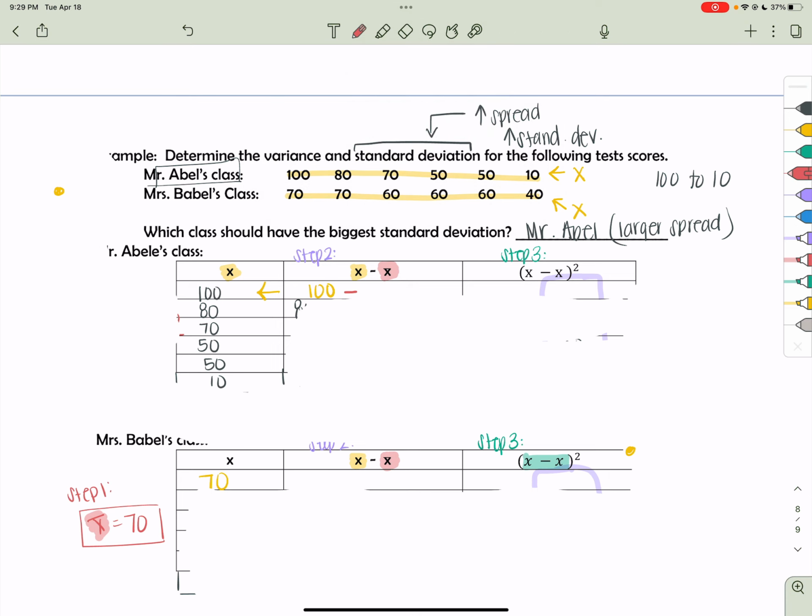And X bar, the average for this one, is going to be 60. And when you unpause the video, it'll all be there, but just so you have it. X bar is going to be 60 for this one. And then I'm going to subtract those two, get a 40, and then in the next column, square it, and I will get 1,600. I want you to go through and finish out Mr. Abel's class and Mr. Babel's class.